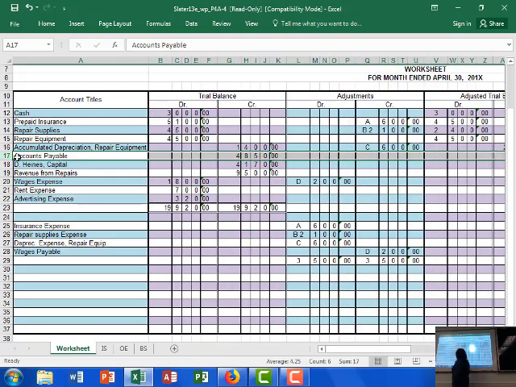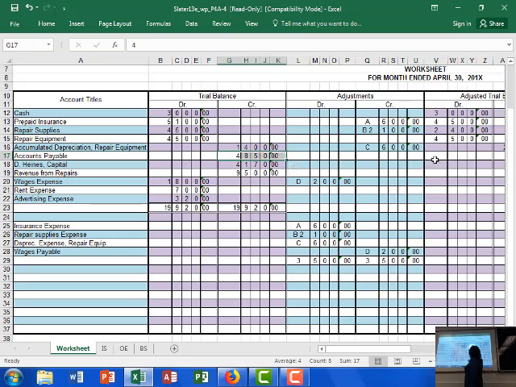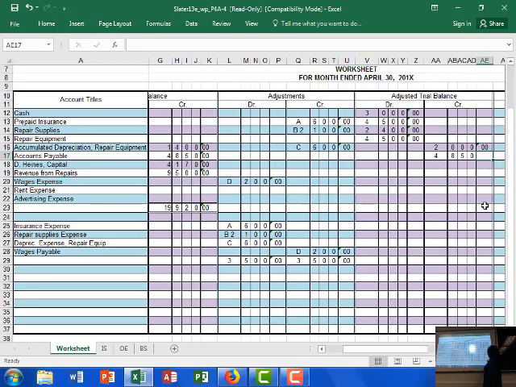Accounts payable. Okay? Here we go. Accounts payable. So we have the 4850 amount. Did we do anything with accounts payable? No, not that one. So what do we do? We bring it over to make sure that it's on the credit side.